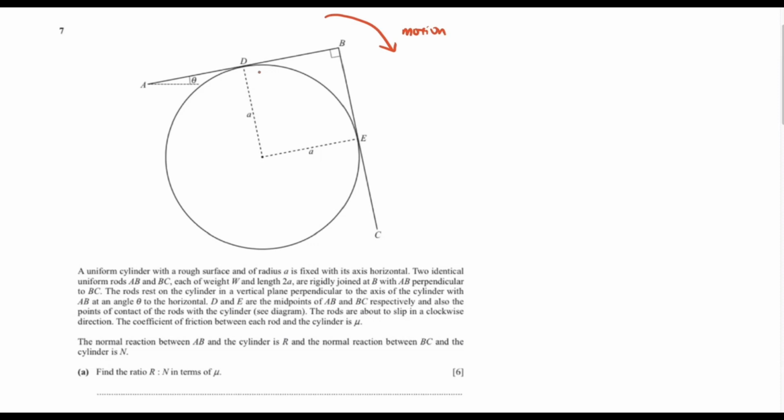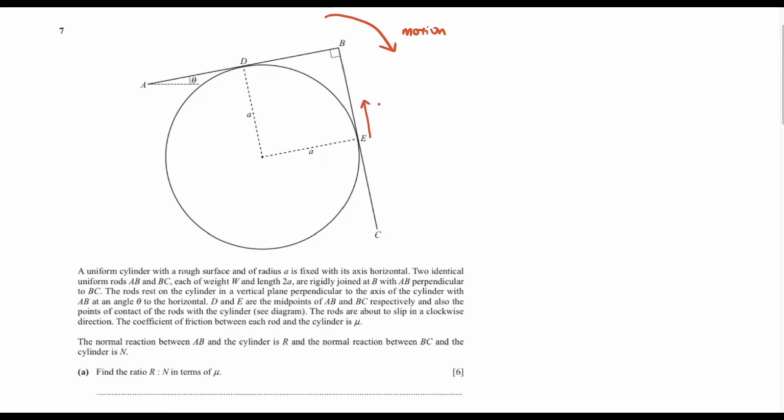So of course friction is going to be opposite. The coefficient of friction between each rod and the cylinder is mu. Because the motion is this way, the friction is the opposite way. So the friction, let's say here, it will act this way.